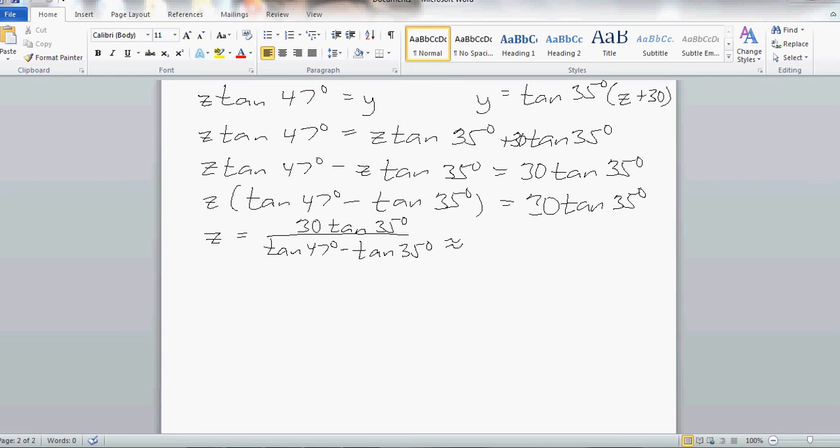30 times the tangent of 35 divided by the entire quantity tangent of 47 minus the tangent of 35 degrees, and close out the denominator. And we get, well, at this moment we don't want to round yet, 56.44, because this does not answer the question.